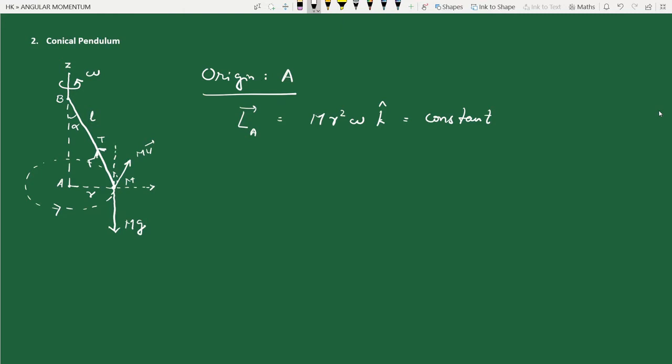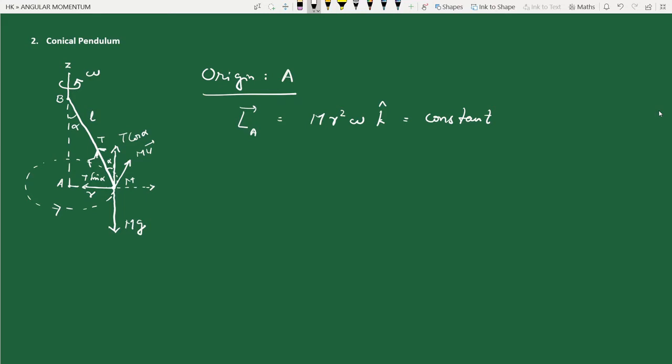Let us consider the tension along the vertical direction. If this angle is alpha and this angle is also alpha, then this is T cos alpha, and the tension along this direction will be T sin alpha. T cos alpha will be along the vertical direction, T sin alpha will be along the horizontal direction towards the center.